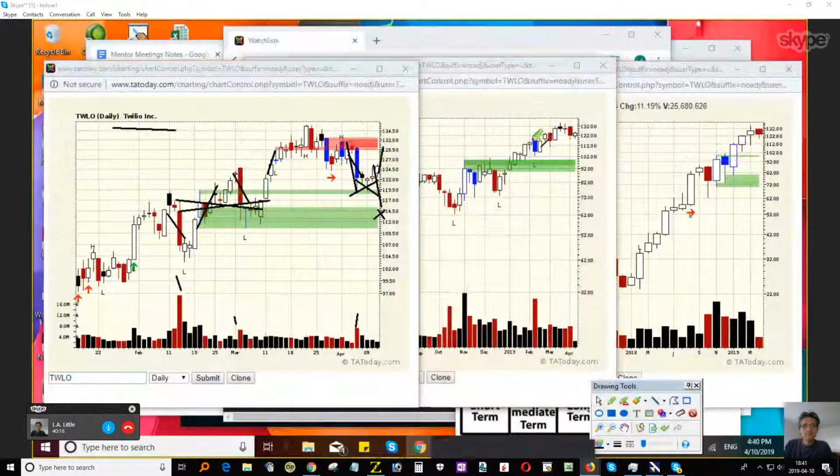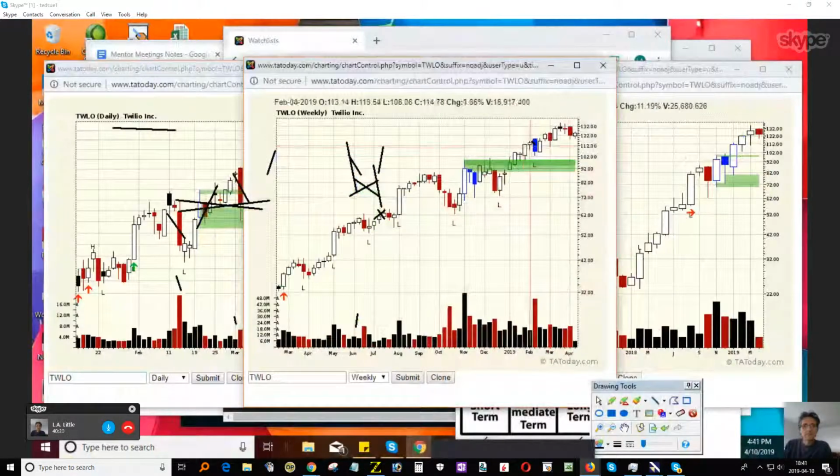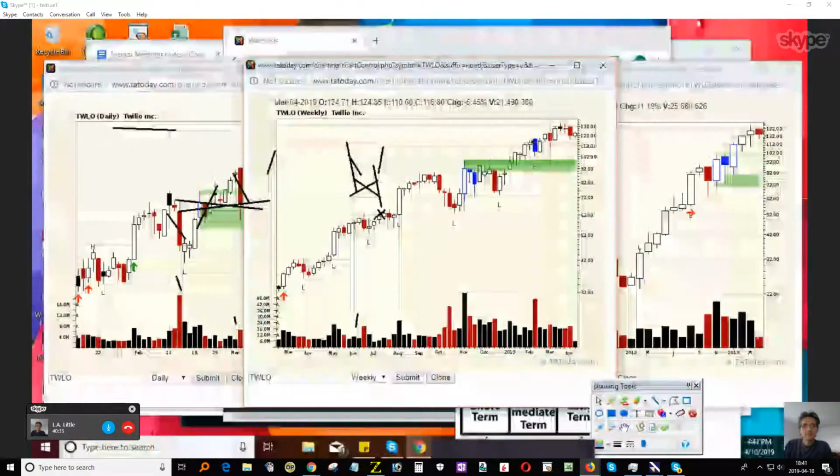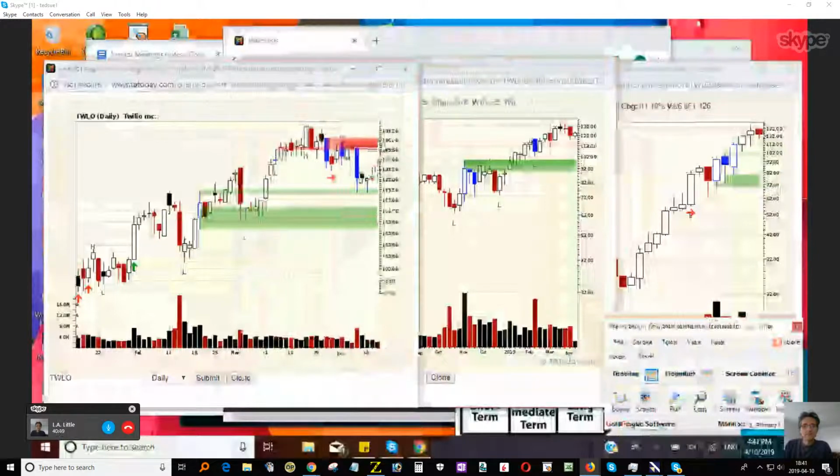That might be the ideal spot, which probably is into this bar. 119, and that low there is 110. So that's kind of a good spot. Somewhere around 115, I would guess. I don't know if it'll get there. This is the kind of stock that may just take off tomorrow.